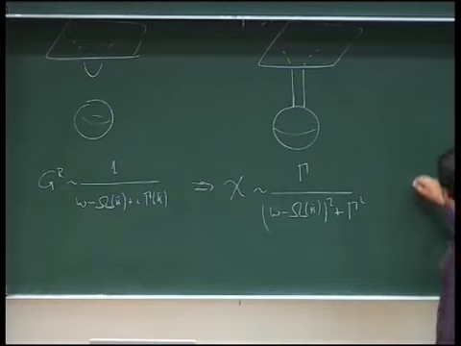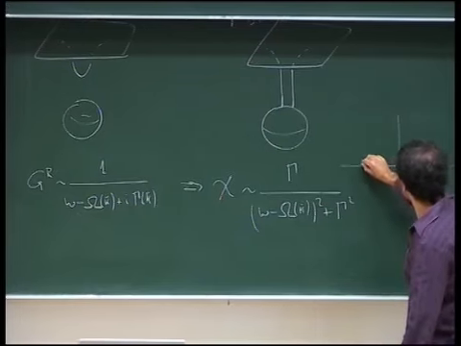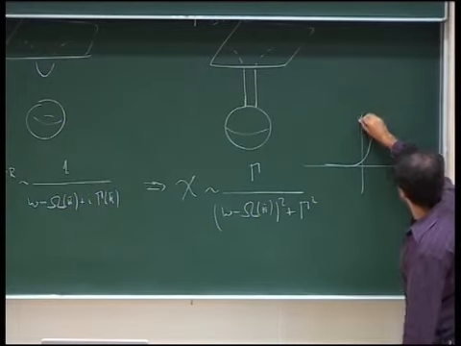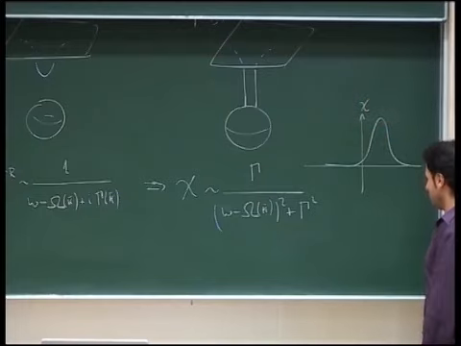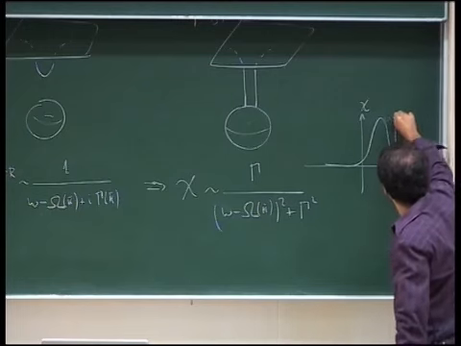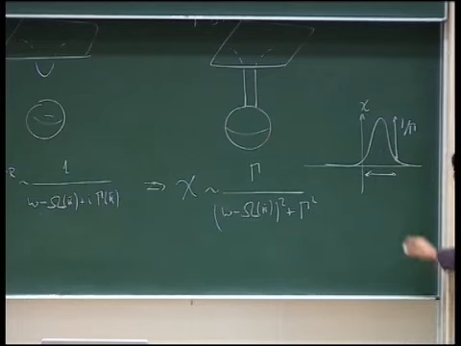So this, of course, looks something like this. Gamma as a function of this combination. So this height is of order 1 over gamma, and this width is of order gamma.